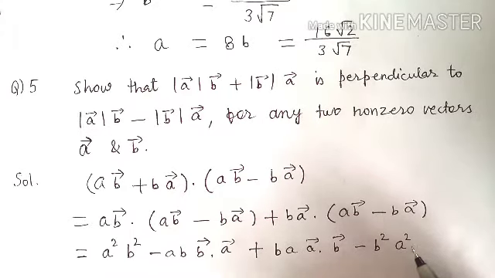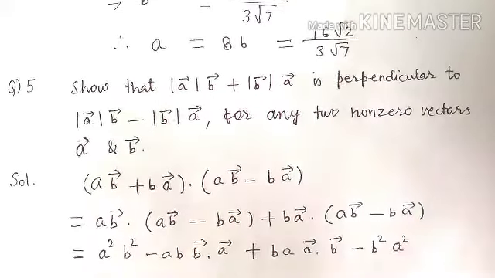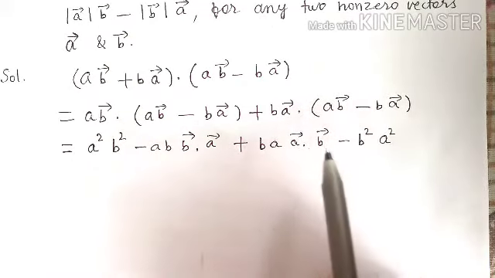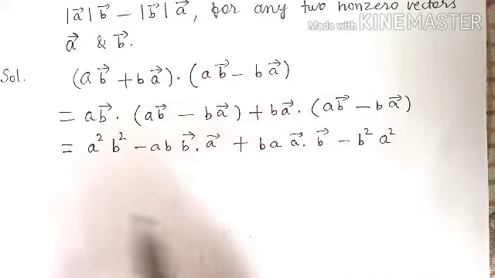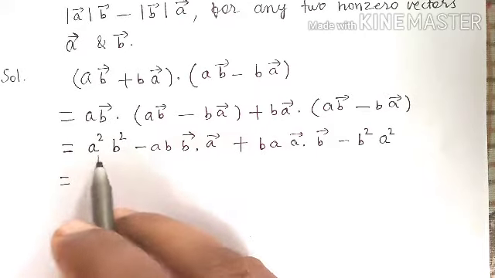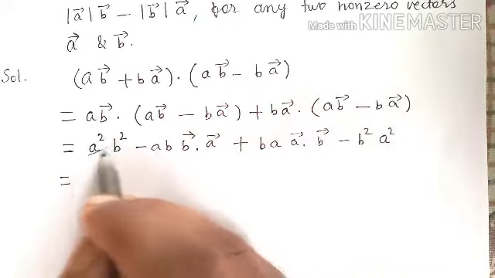Vector A dot vector A is A square, because it is A into A cos 0 degree. Between the same vector the angle is 0 degree and cos 0 degree is 1, so A square. Here we have applied the distributive property of the dot product. Now A square B square minus B square A square will cancel.